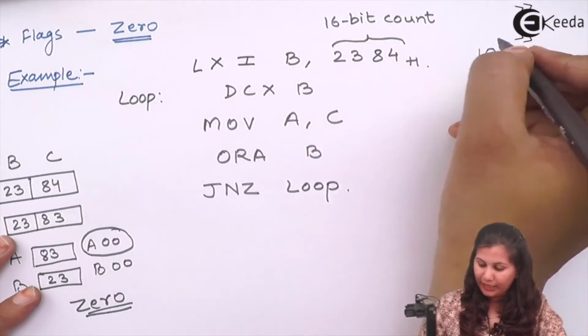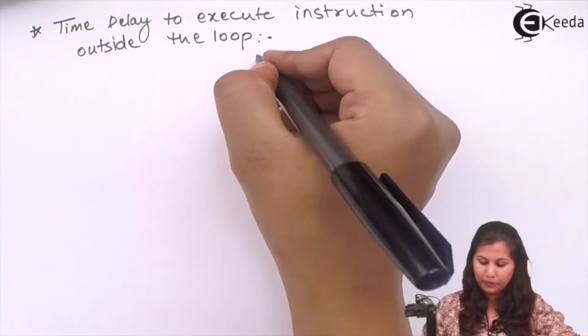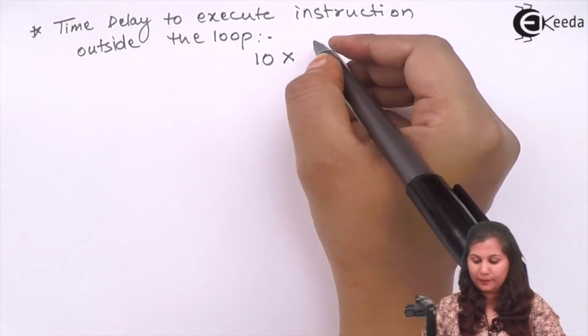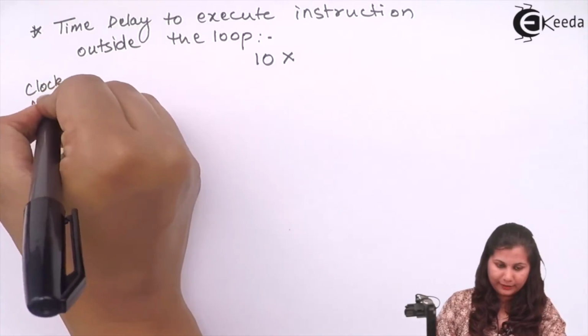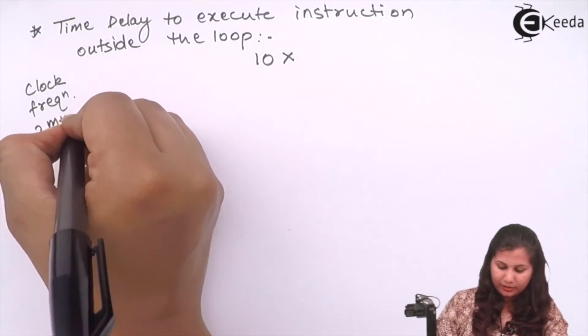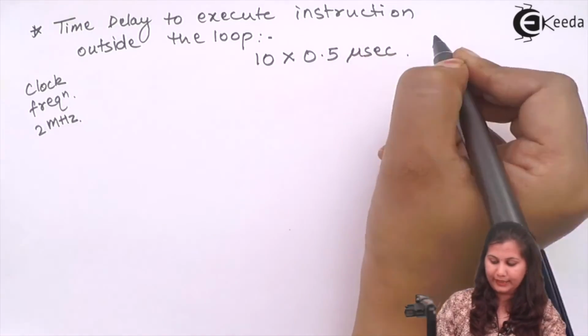So we have 10 T states for the instruction outside the loop. So 10 into the clock period. Suppose the clock frequency given to us is 2 megahertz. So we are getting 0.5 microseconds.